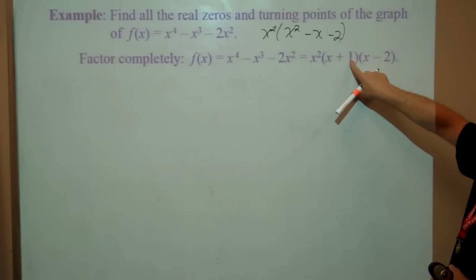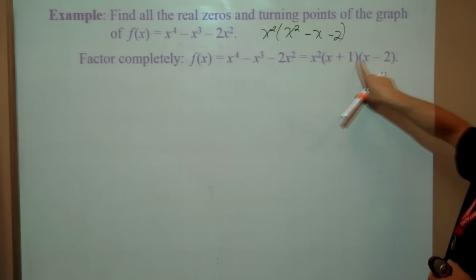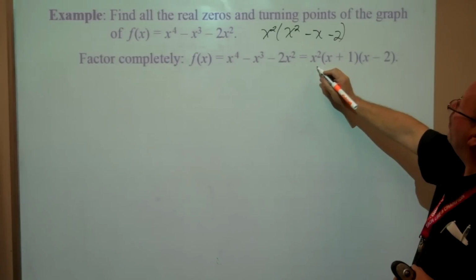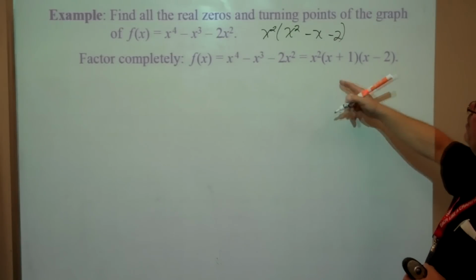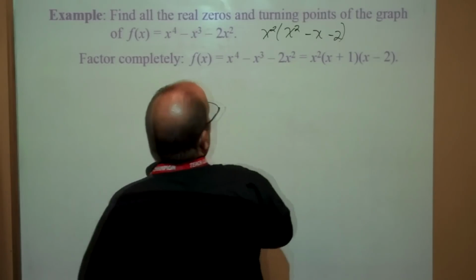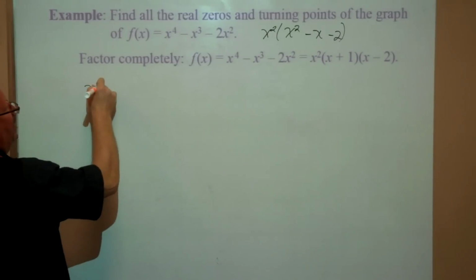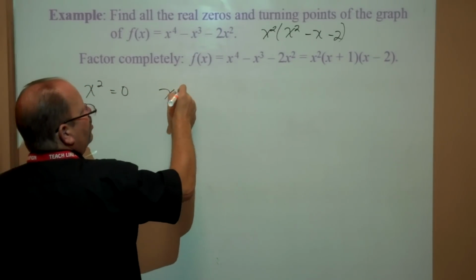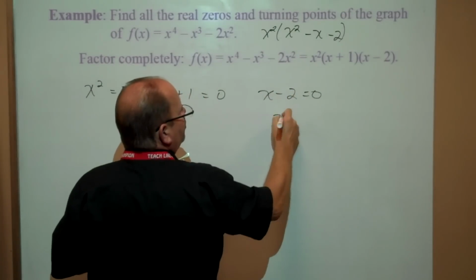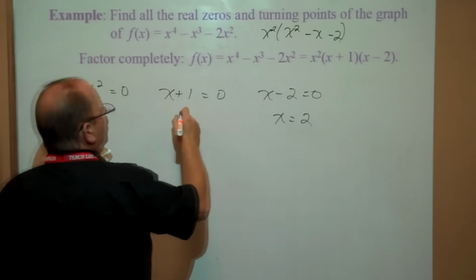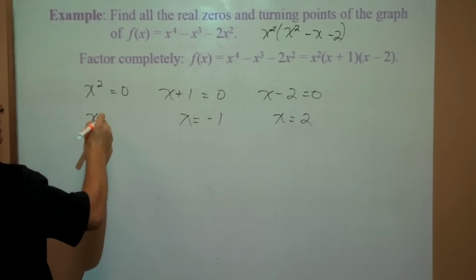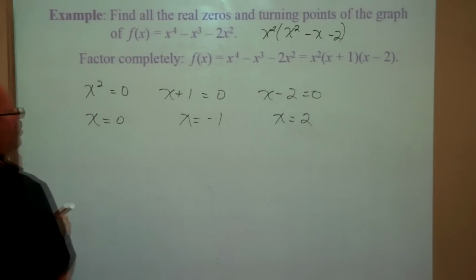So it's negative 2 and positive 1. And there's how you factor the quadratic. And so x squared times x plus 1 times x minus 2. Okay? Now we know that x squared equals 0, x plus 1 equals 0, and x minus 2 equals 0. So there's a zero at x equals 2, there's a zero at x equals negative 1, and you have a repeated zero at x equals 0.